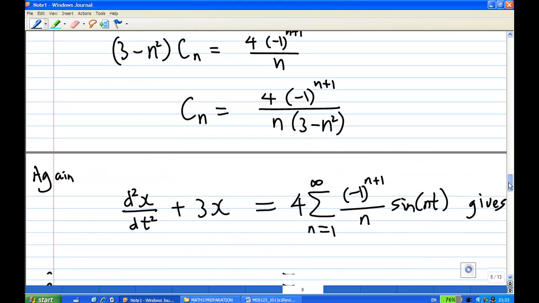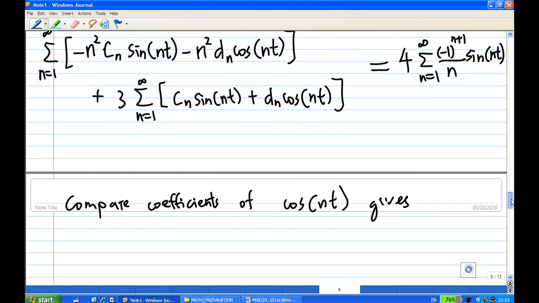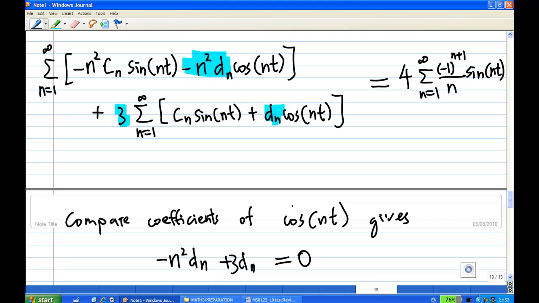Now let's continue to find d_n. Again, the same equation, and now we're looking for the coefficient of cos(nt). The coefficient of cos(nt) on the left hand side is -n² d_n plus 3d_n, almost forgot the 3 here, and on the right hand side there is no cos(nt). So we get (3 - n²)d_n = 0, since no cos(nt) appears on the right hand side.